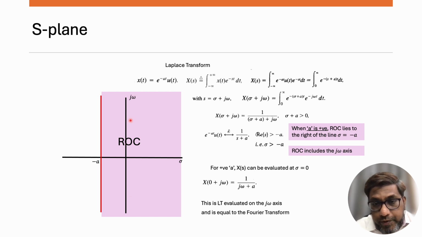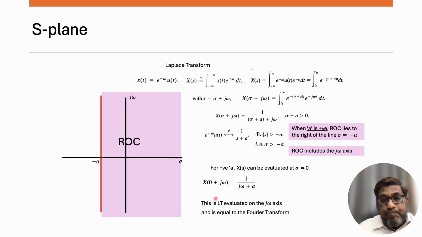And what we notice here is that when a is positive, the region of convergence includes the j omega axis, and this is significant. When the region of convergence includes the j omega axis, this gives us further information regarding that particular function or signal x of t, and that is that we will be able to compute the Fourier transform for that signal x of t as well.